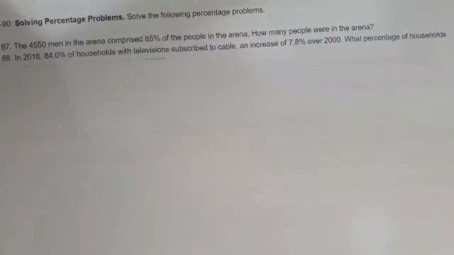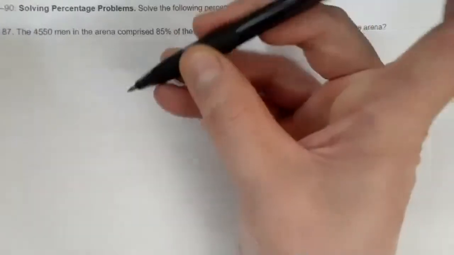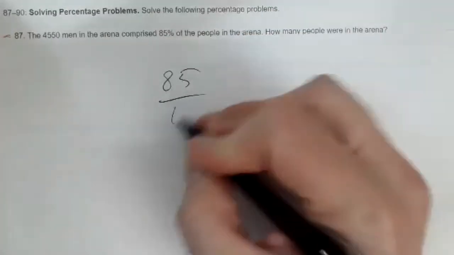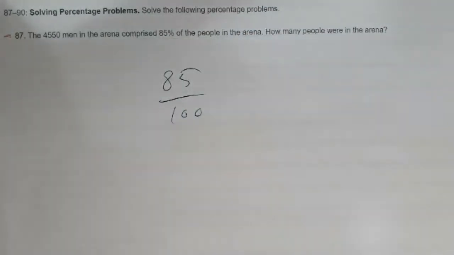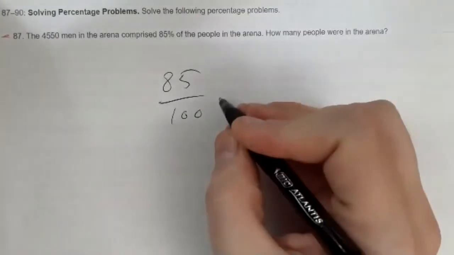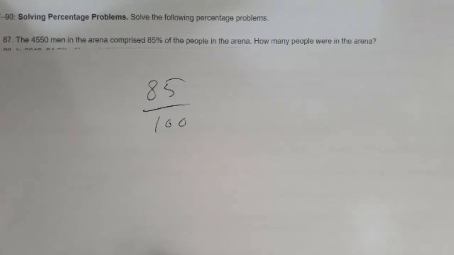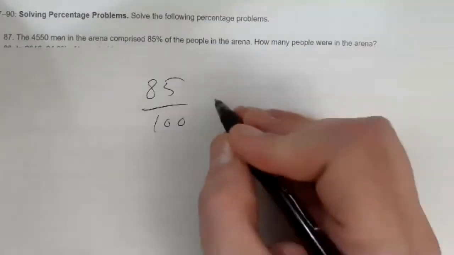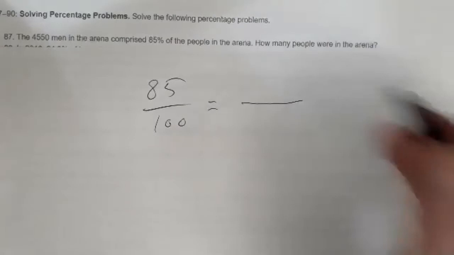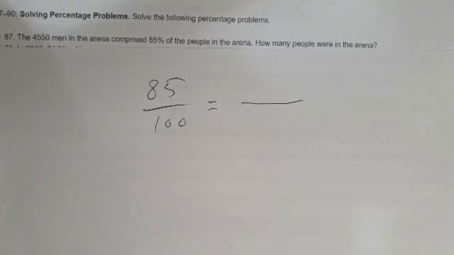Is that 85 from 100? I wouldn't do that. If you do 85 over 100, you can compare this to a part to a whole. You can use percentages as fractions to compare these things if you wanted to. That's one way you can go about it.